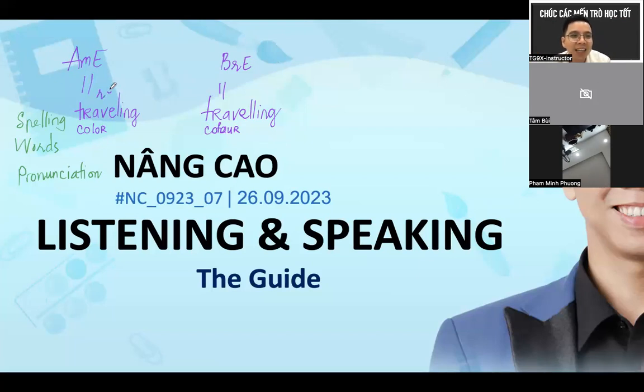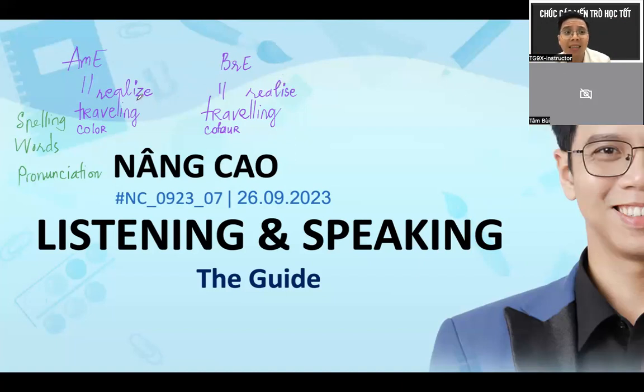So some people write realize with Z, but others write realize with S. So that is another difference in the spelling of American English and British English, but they are pronounced the same. Realize here with Z, and here Z too. Yeah, realize Z. That's it.